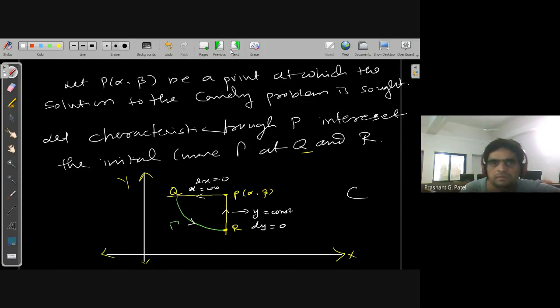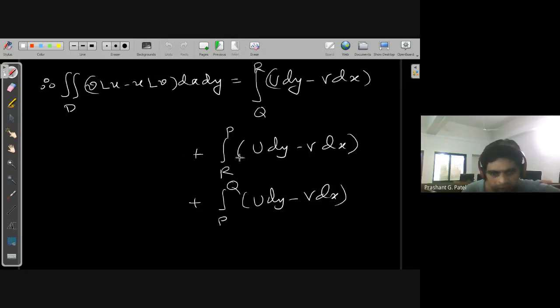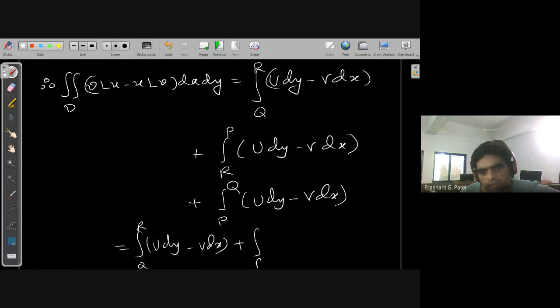So on the line PR or RP, this will change to the integration from Q to R, where the first quantity is as it is, u dy minus v dx, on the curve, plus R to P. Since dx is 0, we'll have u dy, and on the other, since dy is 0, we'll have v dx. So that's why we have this.